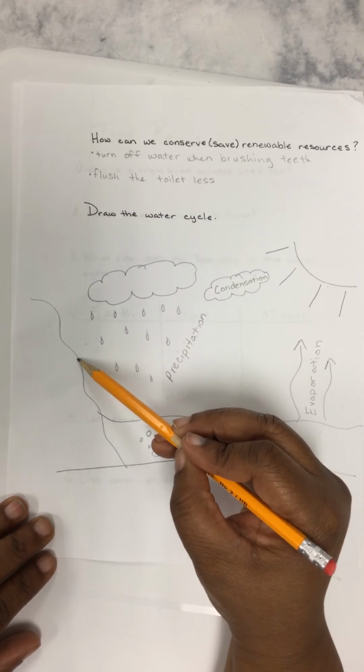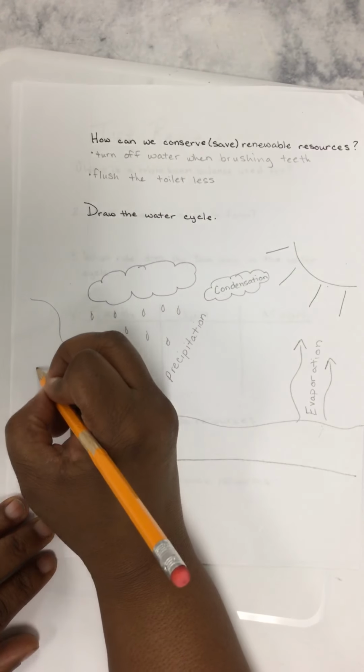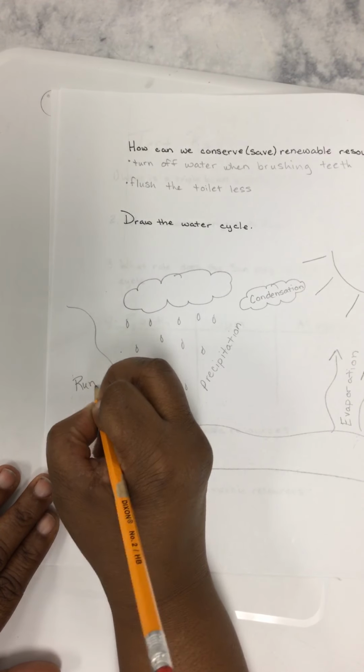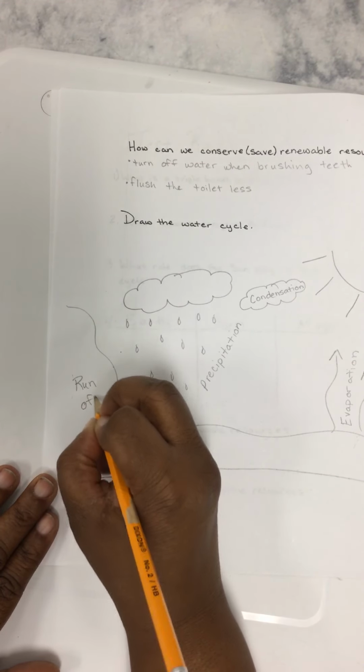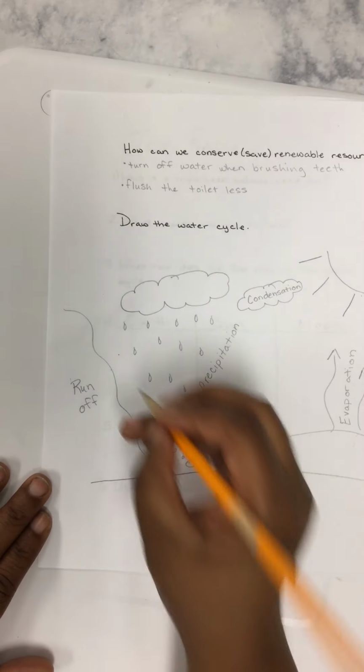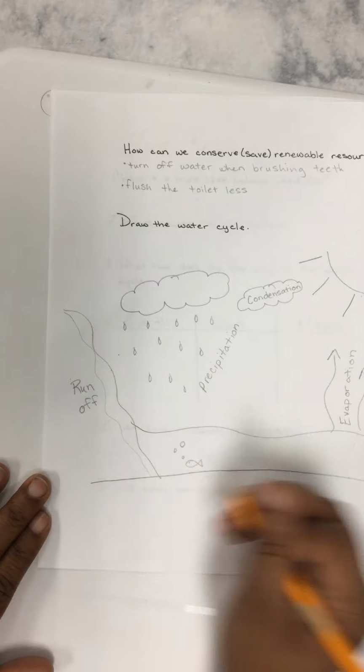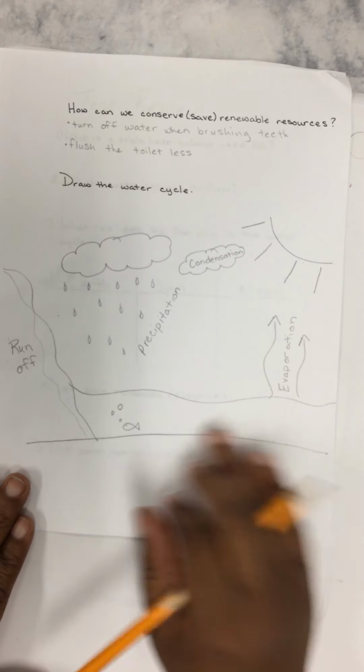And when that water hits a hill, it will start to run off. Let's get it over a little bit so you guys can see. So water will start to sort of trickle down this hill and into our lake, ocean, whatever you want to call this.